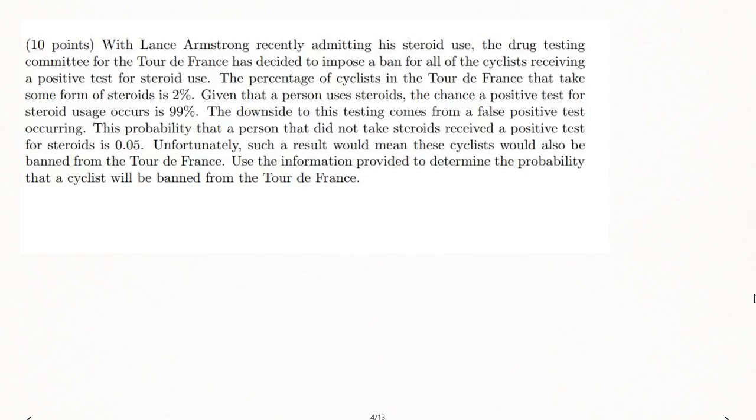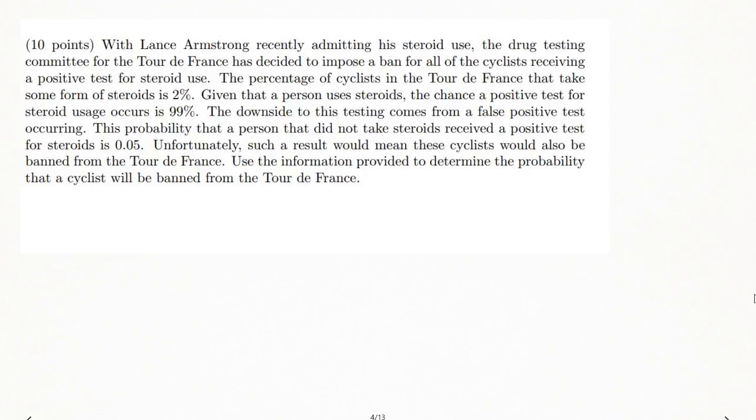With Lance Armstrong recently admitting his steroid use, granted this is an older problem, the drug testing committee for the Tour de France has decided to impose a ban for all of the cyclists receiving a positive test for steroid use. The percentage of cyclists in the Tour de France that take some form of steroids is 2%. Given that a person uses steroids, the chance of a positive test for steroid usage is 99%.